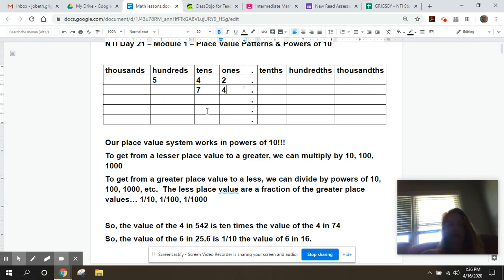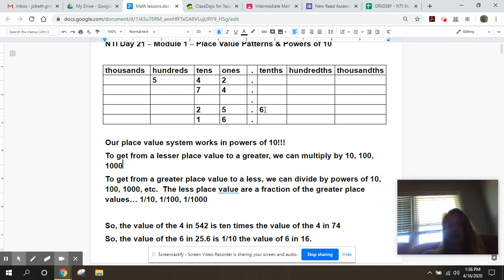Okay, now let's do another one. I'm going to show you this one. Let's say we have 25 and 6 tenths compared to 16. We could say two things. The value of these sixes is what we're comparing. The value of this 6 in the tenths place is 1/10 the value of this 6 in the ones place, because it's in a lesser place value and it's a power of 10 away from it.